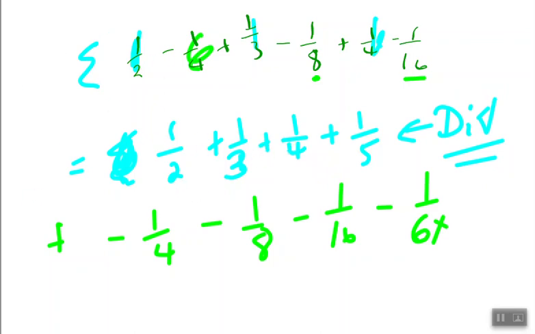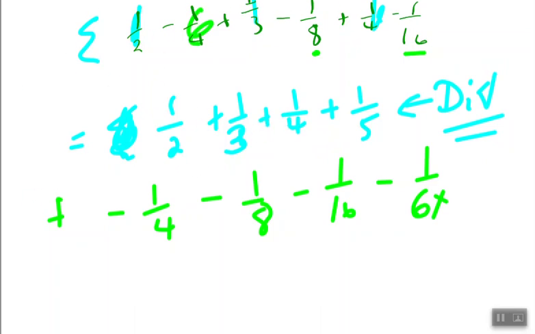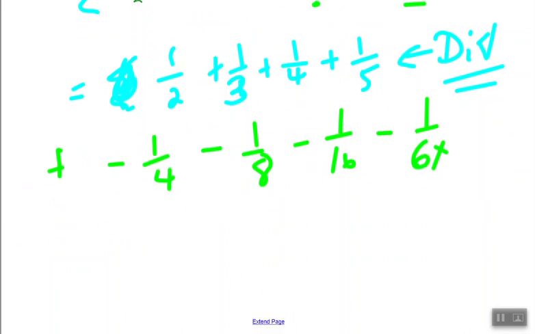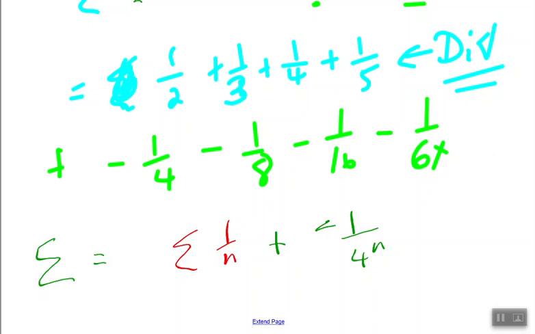So what we're saying is that the series that was given is equal to 1 over n, that's the blue thing, plus, or we would just say minus, 1 over 4 to the power of n.